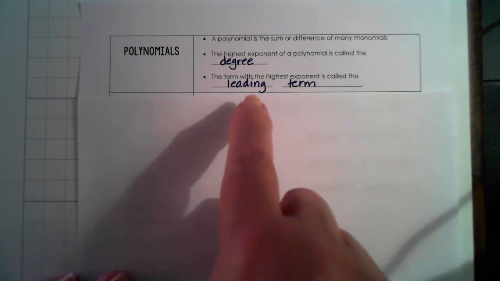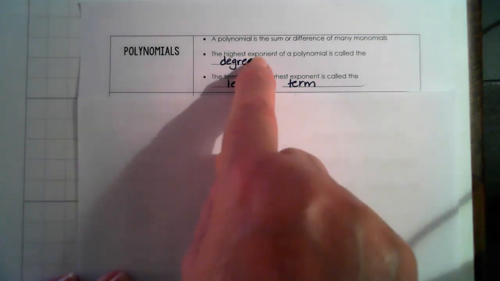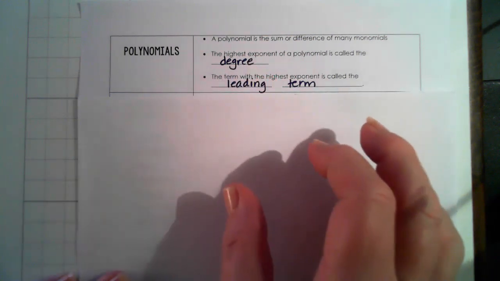So a polynomial is the sum or difference of many monomials. So we can have monomials connected by addition, or you could say connected by subtraction, but really I like to think of it as you're connecting everything by addition, or you're adding a negative term. The highest exponent in the polynomial is going to give you the degree of the polynomial.